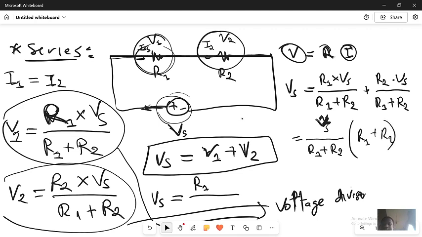So I can just use the same V1 and V2 with these two formulas. This is the voltage division.